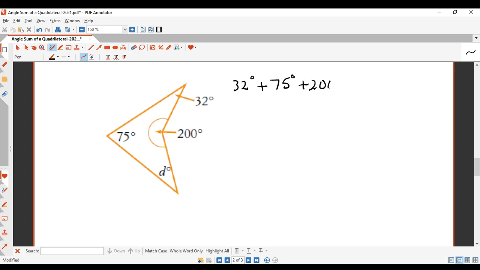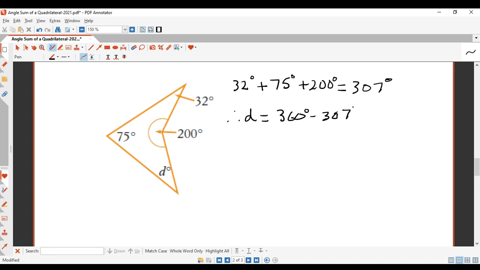So I'll add those up first. 200 plus 75 plus 32, that's going to give you 307 degrees. Then we're going to go therefore, so three dots for therefore, D is equal to 360 minus 307.